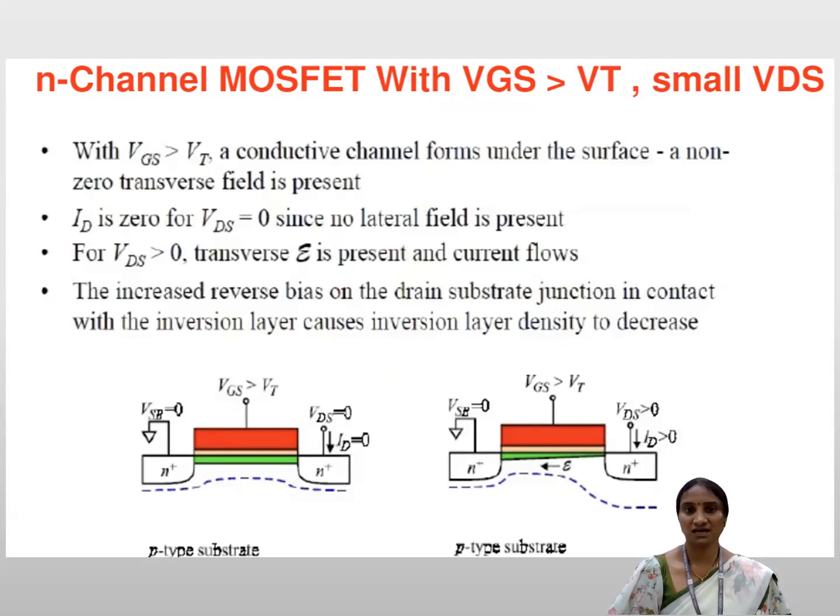Conductivity of the channel happens due to the induction of the electric field, since we have applied a VGS voltage greater than the threshold voltage. Now slightly increase the drain to source voltage also. Then the conductivity starts and the current starts flowing. The charge carriers will move from the source to the drain region, so the drain current flows through the drain terminal. That we can observe in the diagrams below.